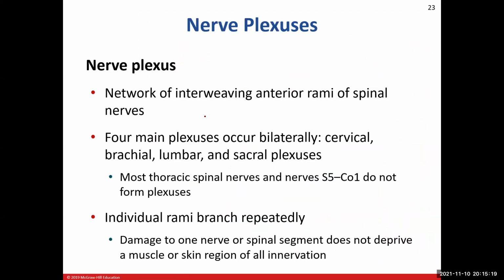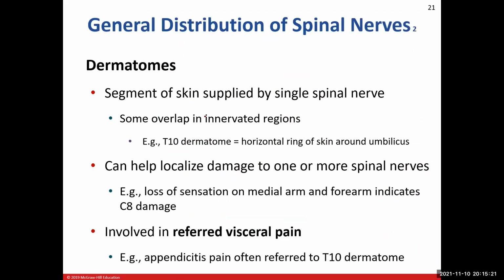And so certain areas of your body are going to be specific for that one spinal nerve. I mentioned the example of the T10 dermatome, the skin around your belly button, T4, the skin around your nipple line, T7.